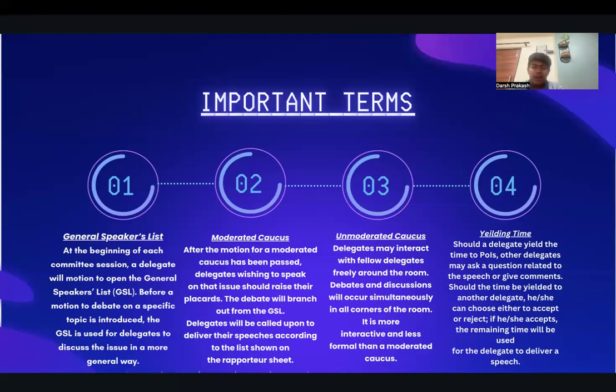There are various total time limits, 15 minutes is also there, 20 minutes, 10 minutes, depending upon the strength of the committee. If there are more people, there will be more total time; if fewer, then less total time. You need to make sure that the total time limit is divisible by the individual time limit. For example, the total time limit is 20 minutes and the individual time limit is 60 seconds.